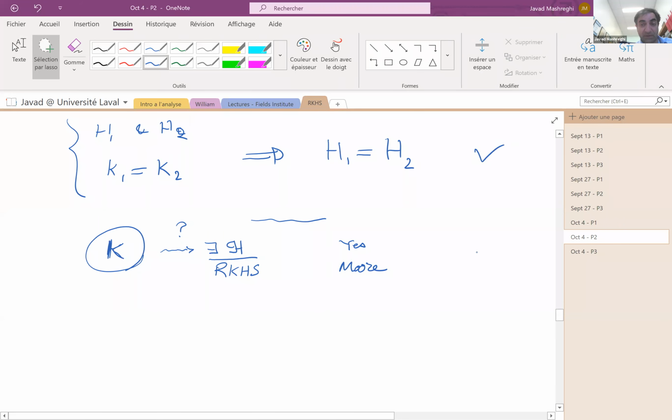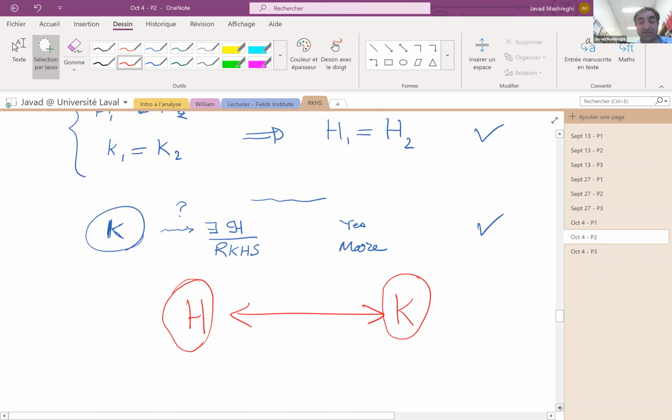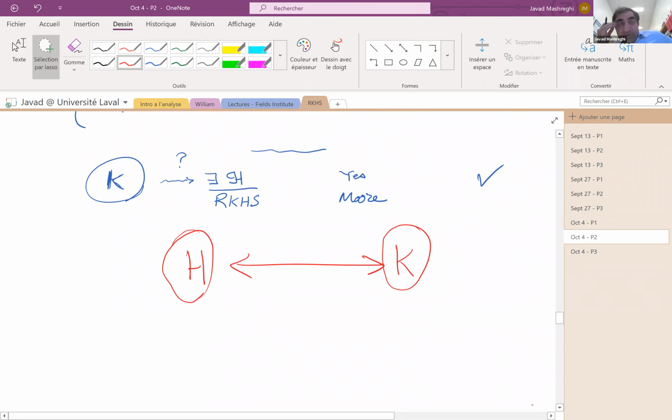After having this result and this result, we see that between H, the space of functions, and K, the space of kernels, there is a bijection. Whenever we have H, K is in the definition. And whenever we have a K, we can construct an RKHS for which the kernel is the given one. So if I misunderstood your question, please go ahead and say what you wanted to ask.